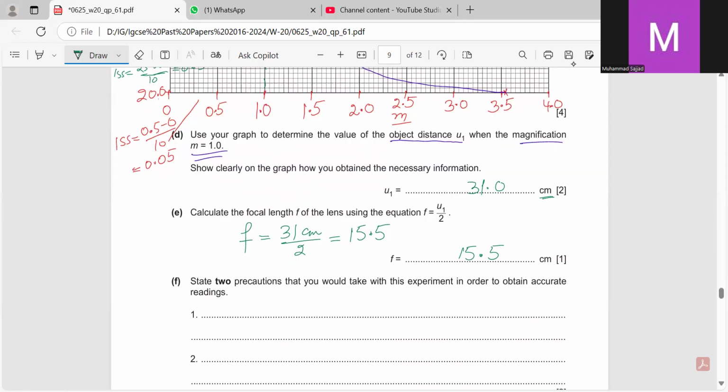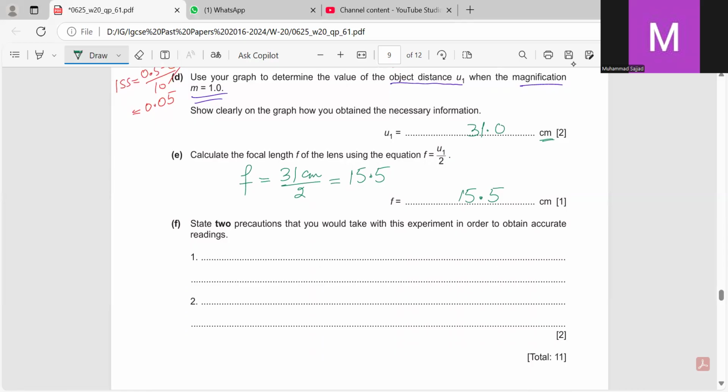Now state 2 precautions that you would take with this experiment in order to obtain accurate readings. And this is just a recall question, a repeated question. Many answers you can write here. Like, measure all the distances from the center of the lens. Perform this experiment in a dark room, a shaded area, because an illuminated object is there, so it will be more focused if the experiment is performed in a dark room.